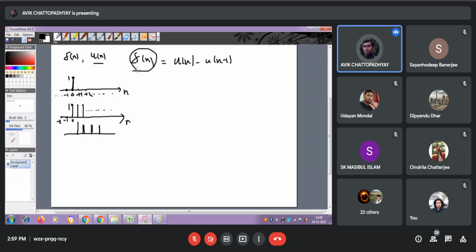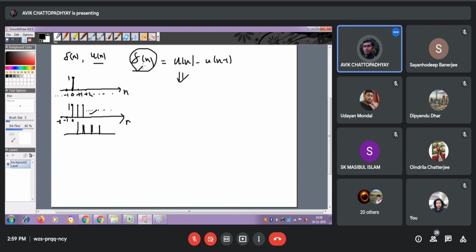So in this way you can find delta n. So simple. Similarly, in the reverse way, you can find out u n with the help of delta n also.